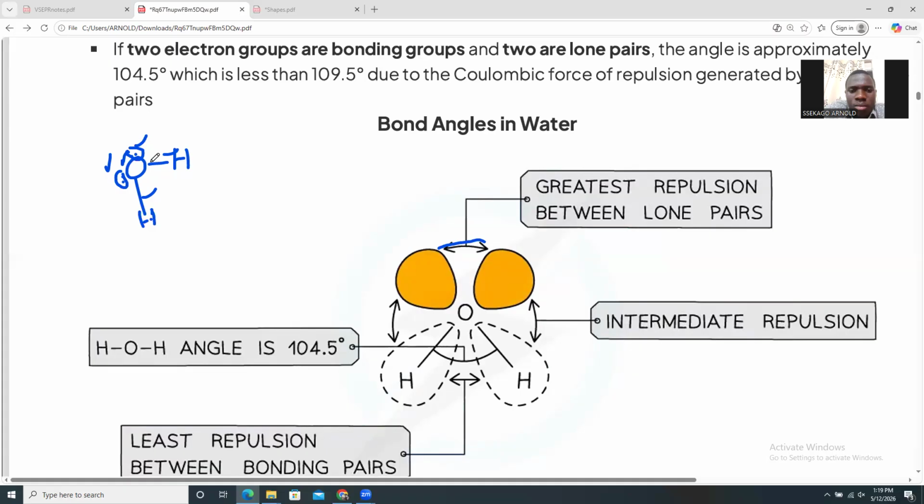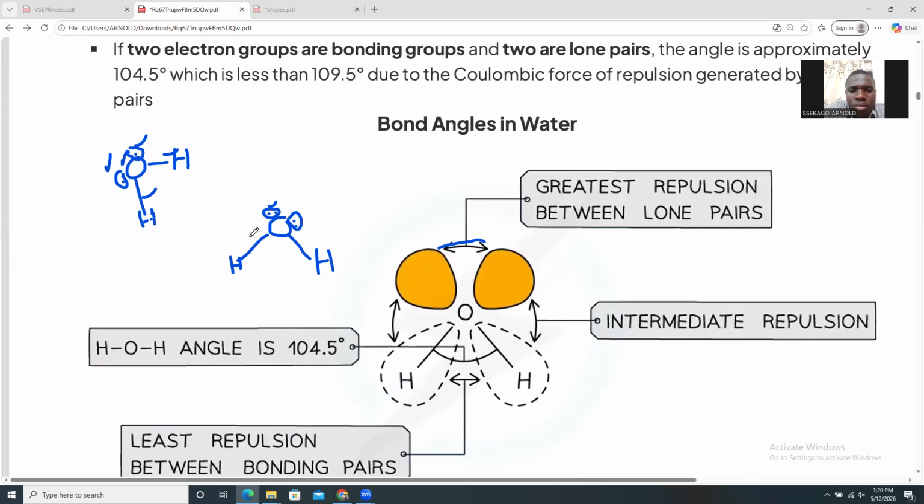Once that repulsion occurs, it occurs in such a way that within the resulting shape we have minimized repulsion. That's why the actual shape of water, according to the valence shell electron pair repulsion, looks like this. Within this shape, we have minimized the repulsion.